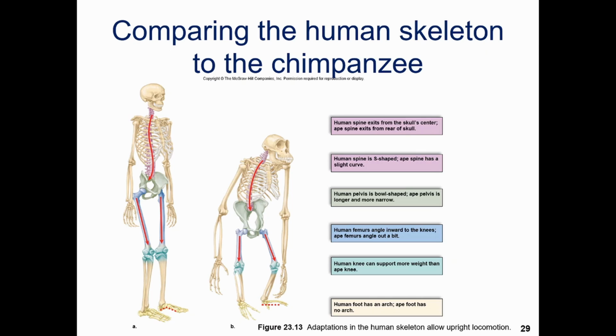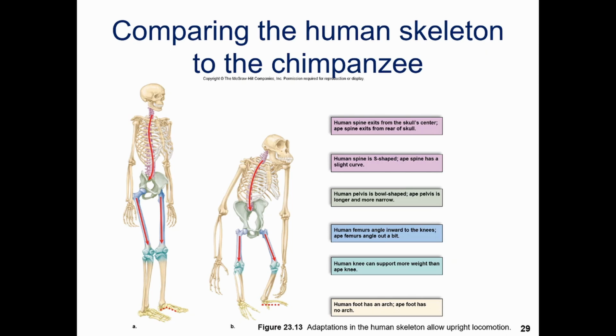We have an S-shaped spine, whereas the chimpanzee has more of a C shape. Our pelvis is shaped like a bowl, whereas the chimpanzee pelvis is longer and narrow. When we look at our legs, our femurs angle in towards the knees, whereas with the chimpanzee, they angle out.